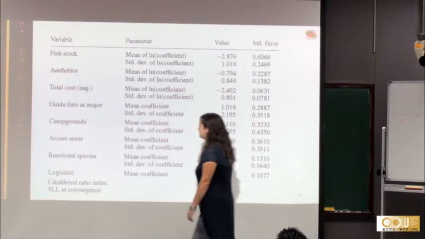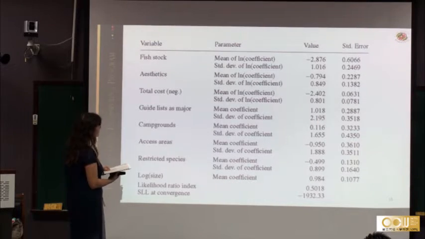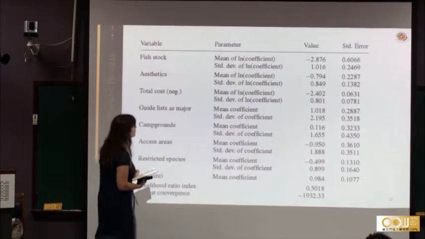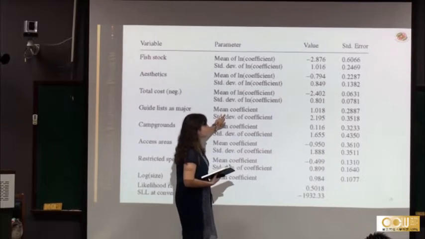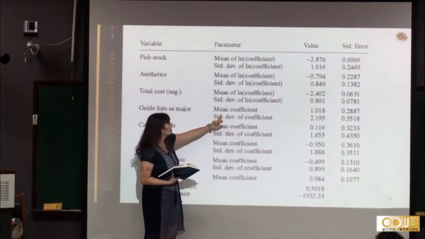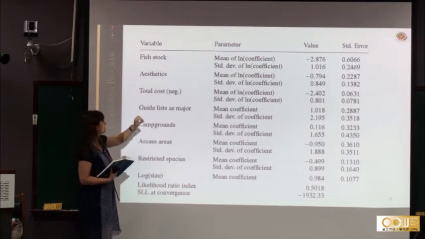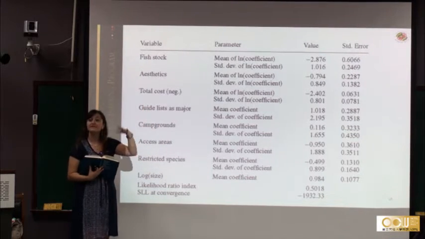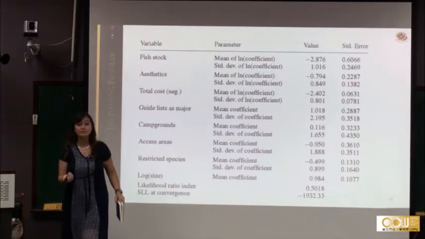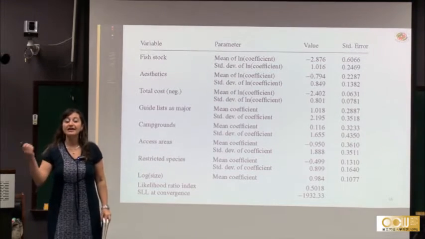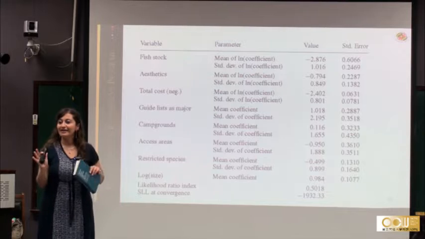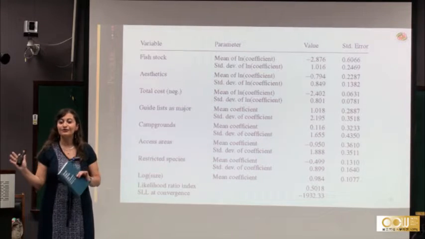In particular here, if you make the calculation, 68% of the population has a positive value for the site to be listed in the guide, while the other 32% have a negative value for this, because it means that if it is listed, it's a very popular site, and if you want some quiet, then for you it's negative.